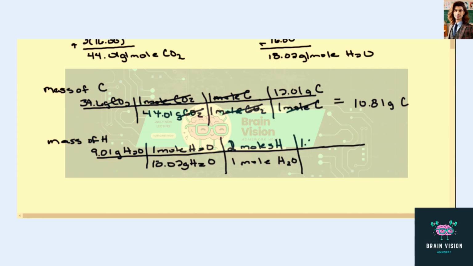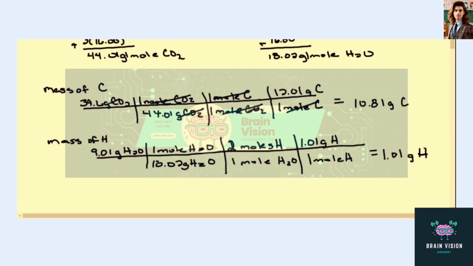And we have 1.01 grams of hydrogen for 1 mole of hydrogen. And so we should get 1.01 grams of hydrogen. Okay, so that's the mass.